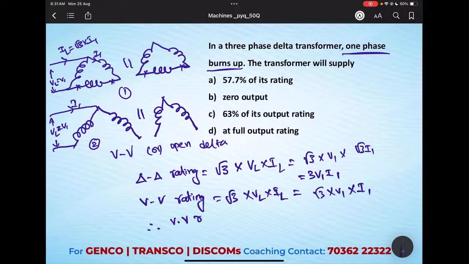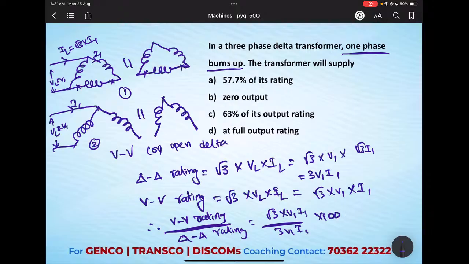Let's take VV rating divided by delta-delta rating. The ratio is root 3 V1 I1 divided by 3 V1 I1, into 100. Since they are asking in percentage, it will be 1 by root 3 into 100.